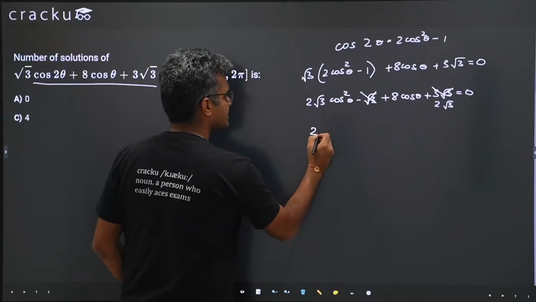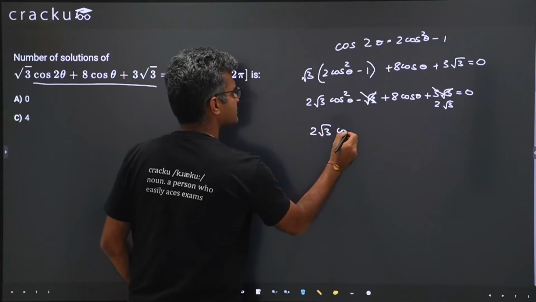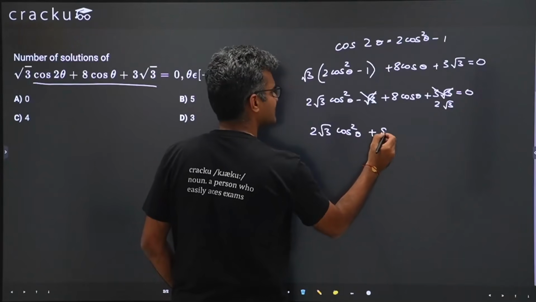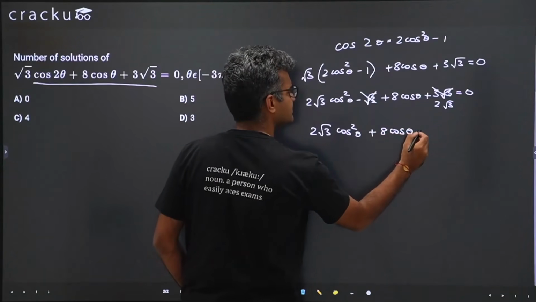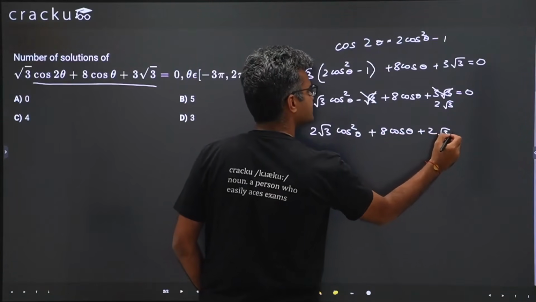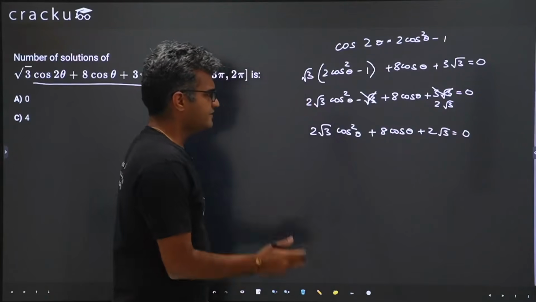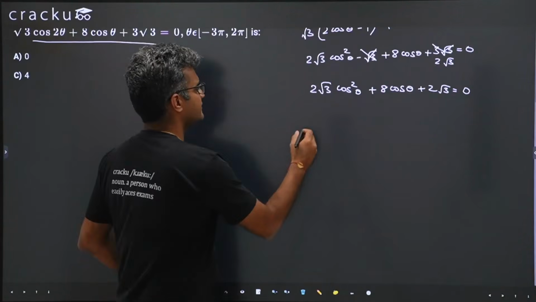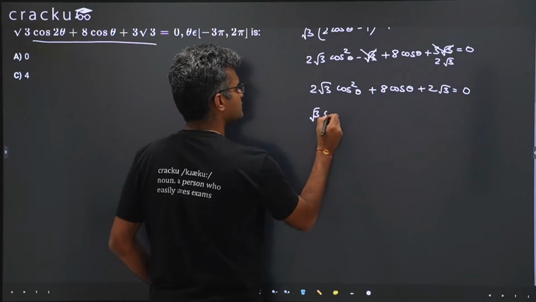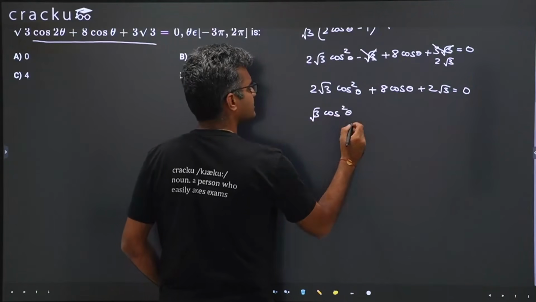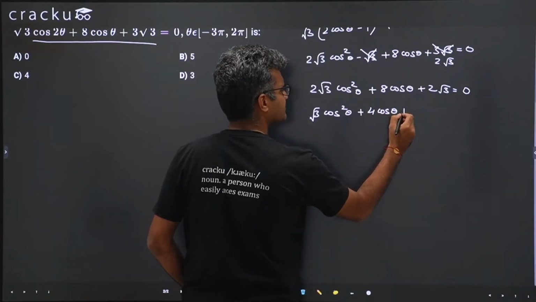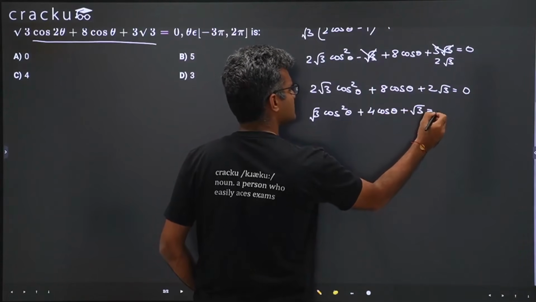So the given quadratic equation is 2 root 3 cos square theta plus 8 cos theta plus 2 root 3 is equal to 0. We can divide this entire equation by 2. We are going to get root 3 cos square theta plus 4 cos theta plus root 3 is equal to 0.